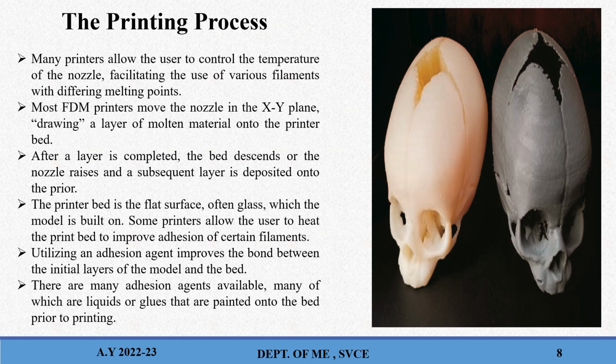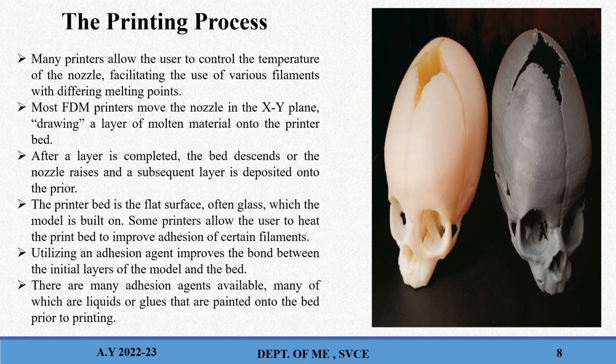Here is the printing process. Many printers allow the users to control the temperature of the nozzle, facilitating the use of various filaments with different melting points. Most FDM printers move the nozzle in the XY plane, drawing a layer of molten material onto the printer bed. After a layer is completed, the bed descends or the nozzle rises and the subsequent layer is deposited onto the prior.